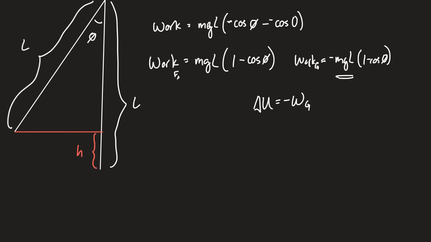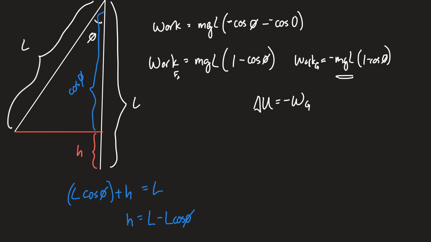Well, bear with me. This length has got to be cosine phi. So cosine phi times L, or L cosine phi, plus H has to equal L. Or H equals L minus L cosine phi.